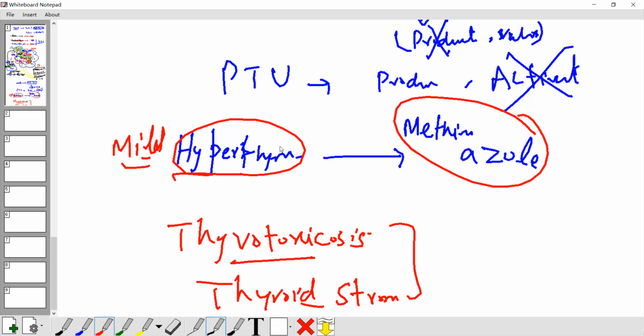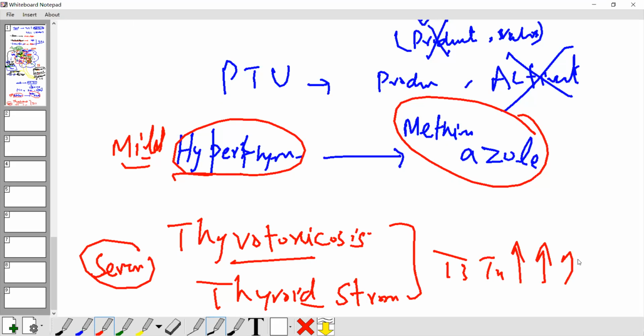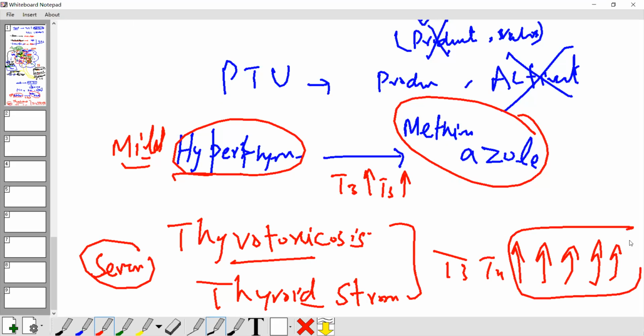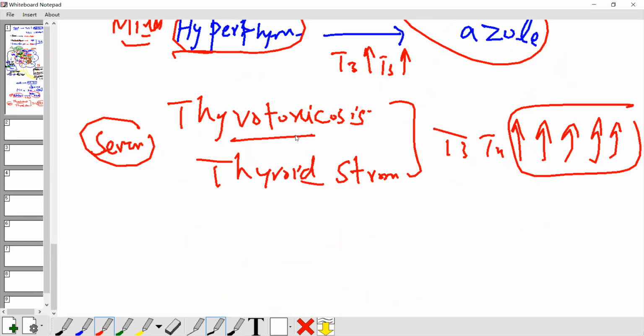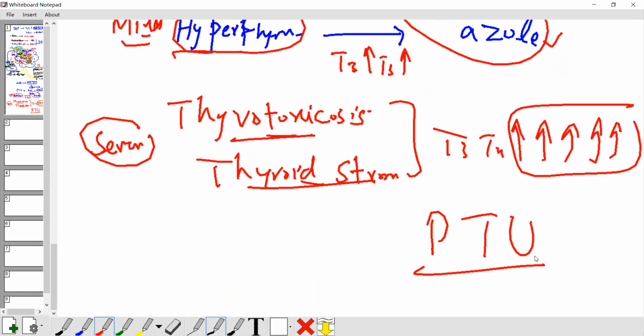But if your body is totally filled with thyroid hormone, it is a severe case: T3 and T4 are already very high in the blood plasma. Here T3 and T4 are just a little high; there they are very high. At that time, for thyrotoxicosis or thyroid storm, do not choose the azoles. Then you go for PTU. Is this concept clear or not?